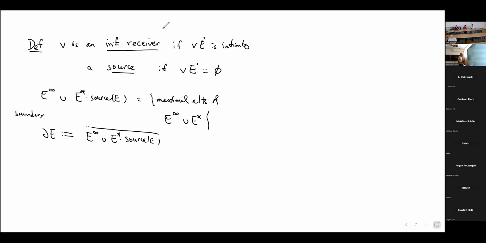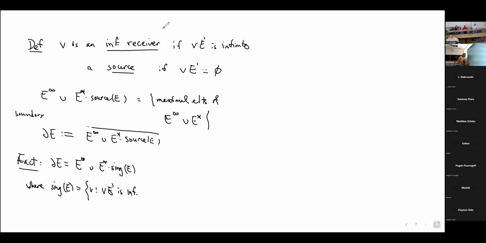And in fact, this is an elementary fact, that boundary E equals E^∞ union E^* times Sing(E), where what I'm calling Sing(E) is the set of v such that vE^1 is infinite or empty.